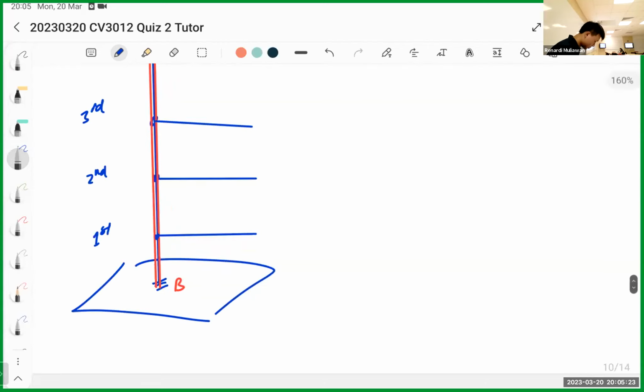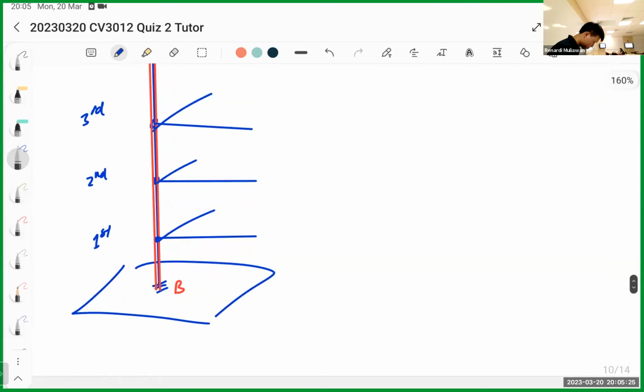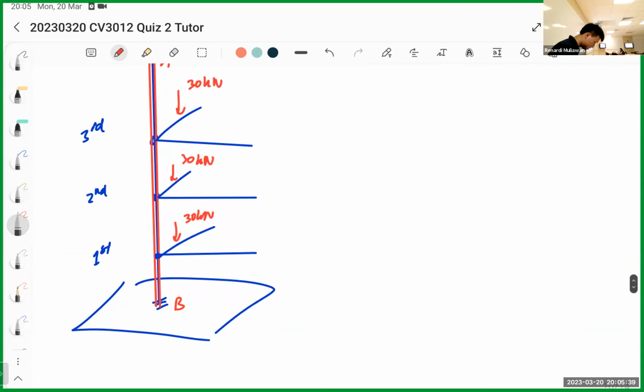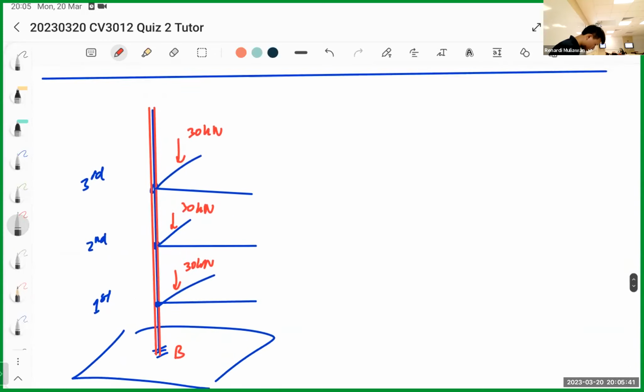Let's say this is 30 kilonewtons, 30, 30, and we are interested in this column AB.